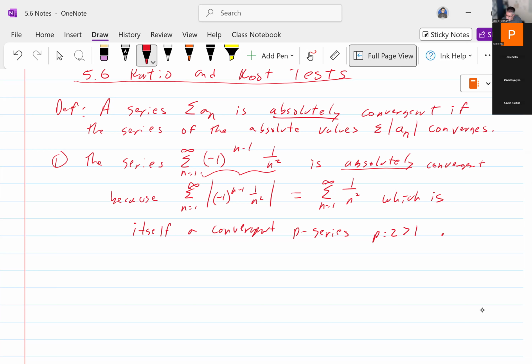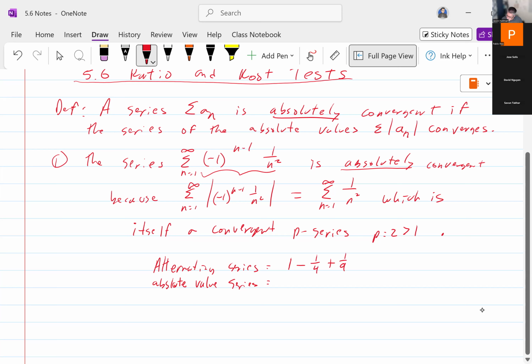the absolute value of the terms also converges. Let me show you what this looks like. If we took the alternating series and the absolute value series, my first term for the alternating series would be 1, then minus 1 over 2 squared, which is 4, plus 1 over 3 squared, which is 9, minus 1 over 4 squared, which is 16, plus 1 over 25, and so on.